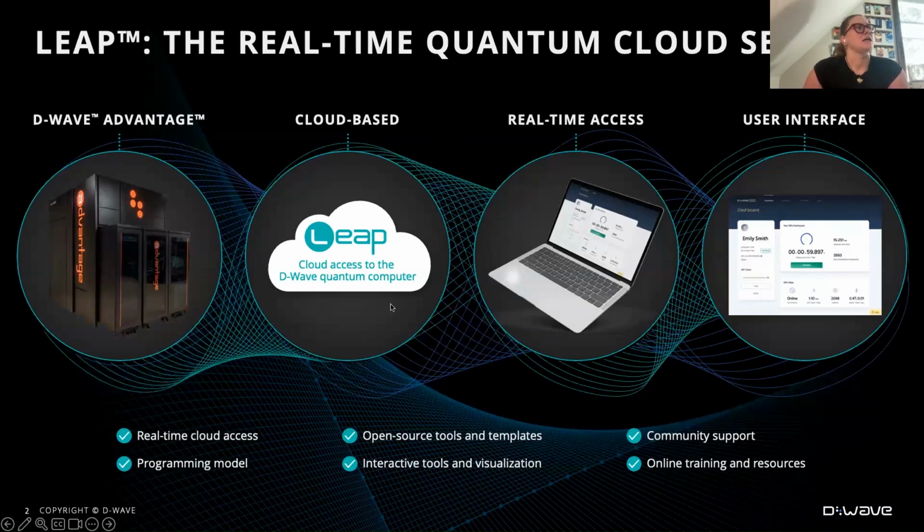Today, I'm going to talk a lot about our LEAP cloud-based access to these Advantage systems. We'll see the user interface in a bit, and we'll use our open source tools to build problems for the quantum annealer.